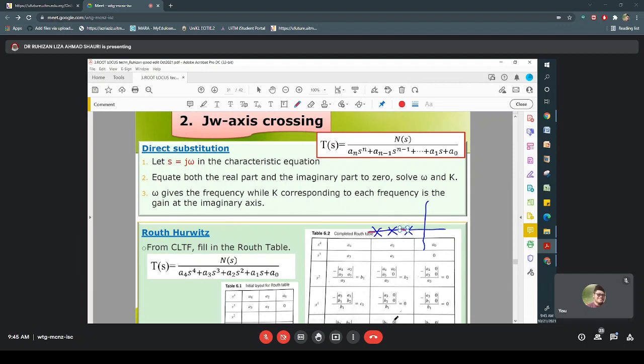This is how you use it. You exercise, you practice 4 or 5 times, you will be good. Don't worry. This is even, so you know that the locus would exist on the other side, on the right side of it.